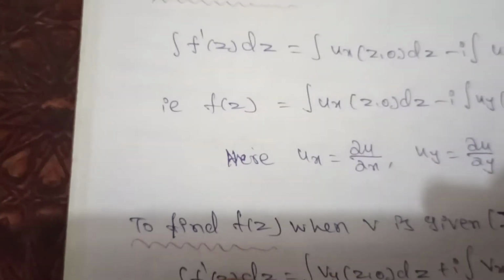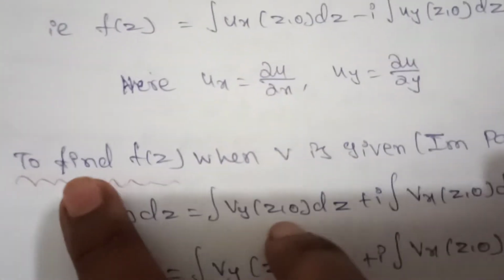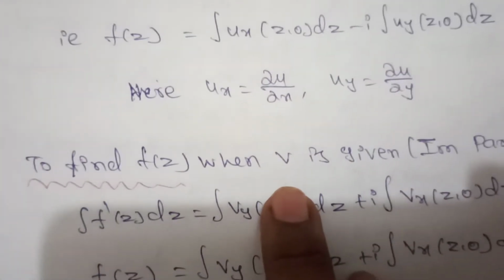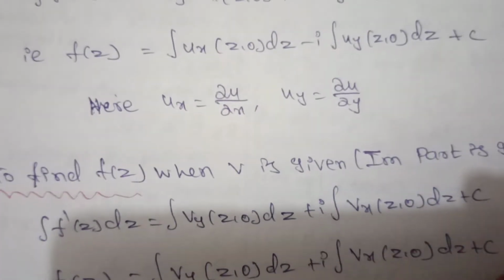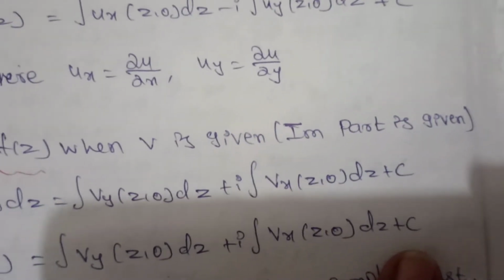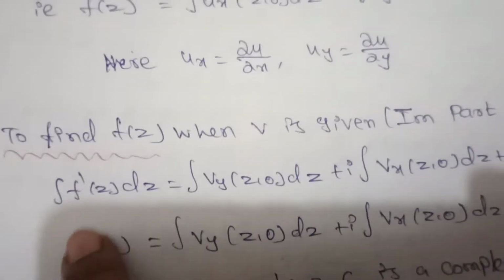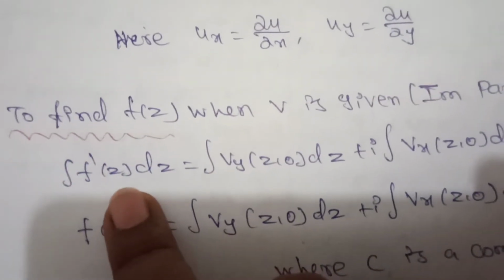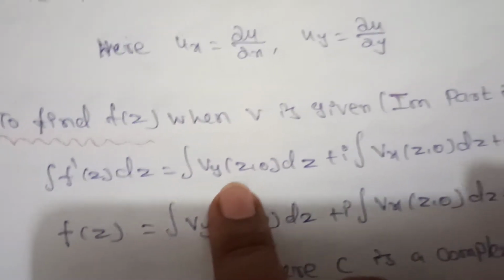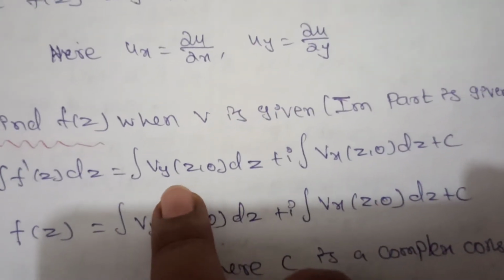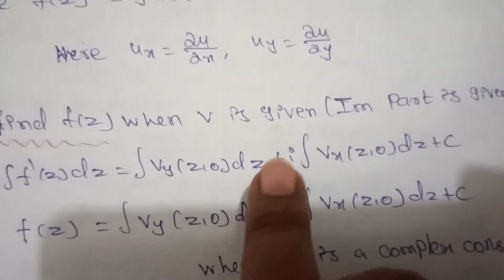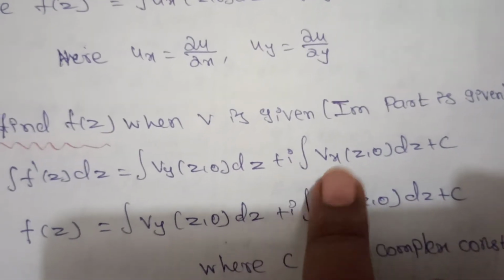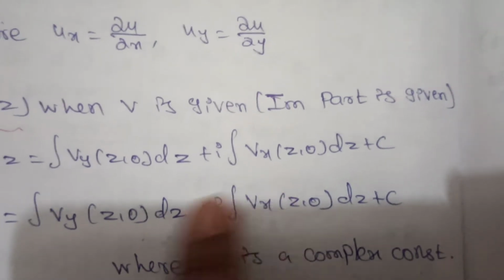Now see the second type, to find f of z when v is given, that is, when the imaginary part is given. Using the Milne-Thomson formula, integration of f dash of z dz is equal to integration of v y of z comma 0 dz plus i into integration of v x of z comma 0 dz plus c.